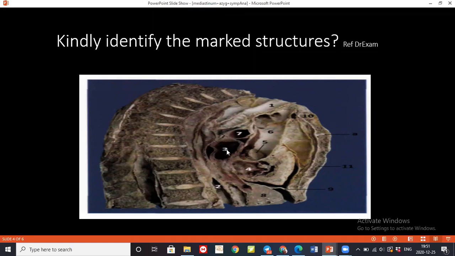This is the pulmonary artery. It's the heart, it's cut, so it's the left atrium. Number 4 here, please. This is the ventricle. Number 5, please. Where is it? This is the pulmonary trunk. Aortic valve. And then number 6.